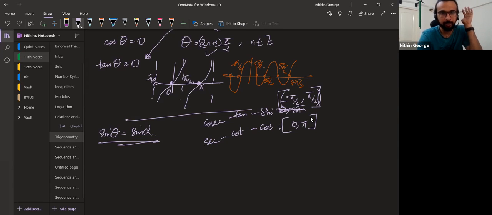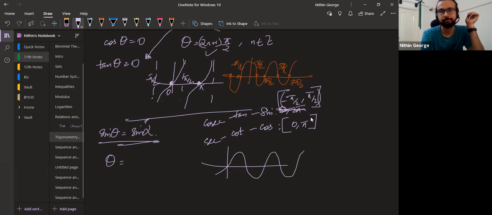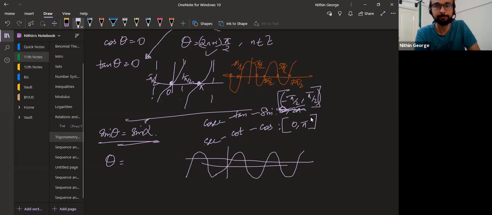Okay. So now let's assume alpha is in the principal value range for sine. How do you find the general solution of sine theta equal to sine alpha?